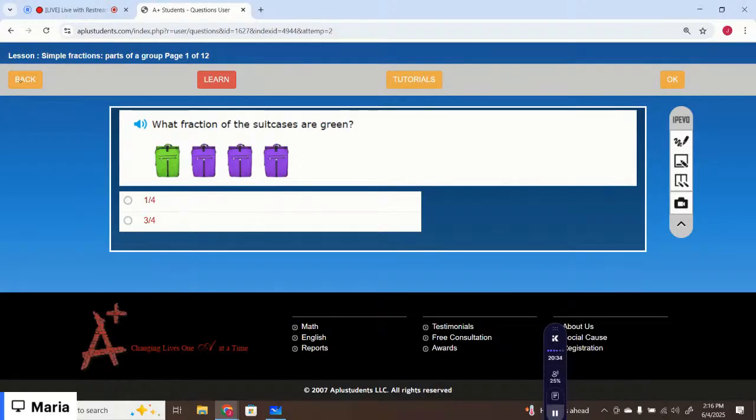There are one, two, three, and four. The total suitcases are four, and out of four, one of them is green. So that is one out of four. Option number one is the correct option.